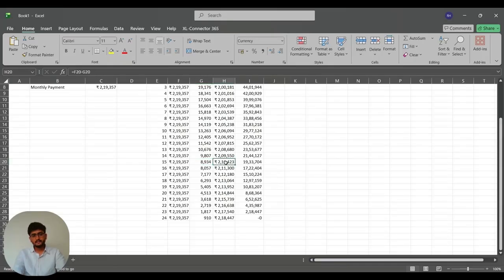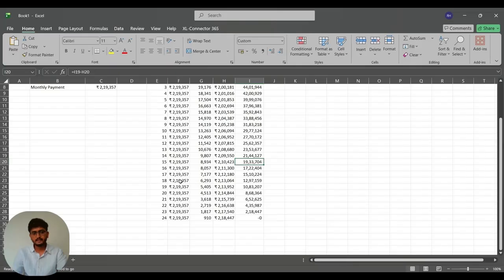So when we minus, we have to minus 2,19,357 minus 8,934 rupees. When we minus, the actual principal we are paying is 2,10,423 rupees, and now the remaining debt was 19,33,704. You know how we get the interest rate and how we get the principal amount.